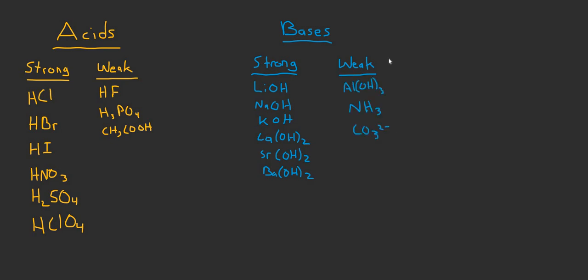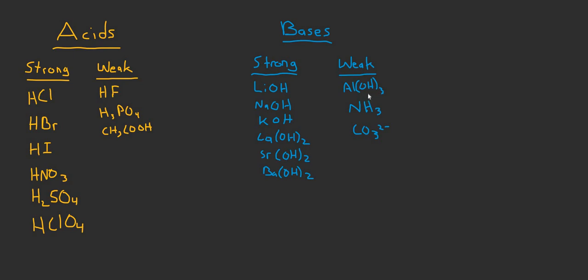Now for some examples of weak bases. So we have aluminum hydroxide, ammonia, and the carbonate ion. So don't be fooled. Just because this has an OH in it doesn't make it a strong base. So aluminum hydroxide is an example of a hydroxide base that's a weak base.